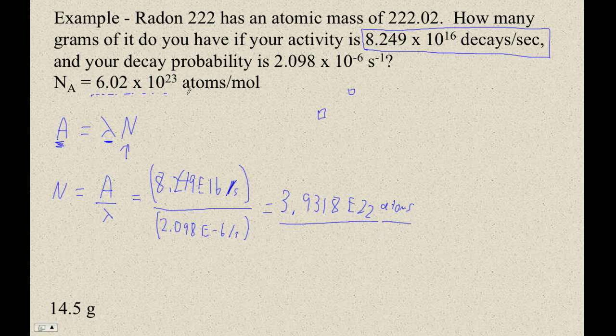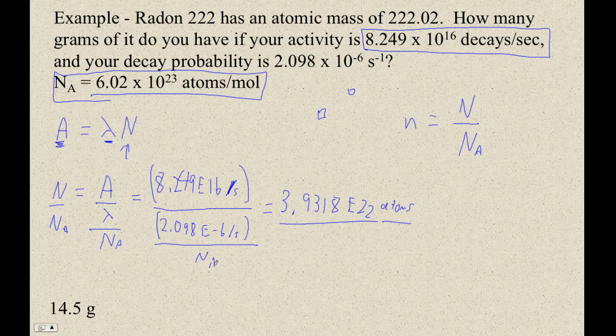One mole would be this many. The formula I'm using here is moles equals the number you have divided by Avogadro's number. So I've got to divide everything by Avogadro's number, 6.02 E23, which is atoms per mole.